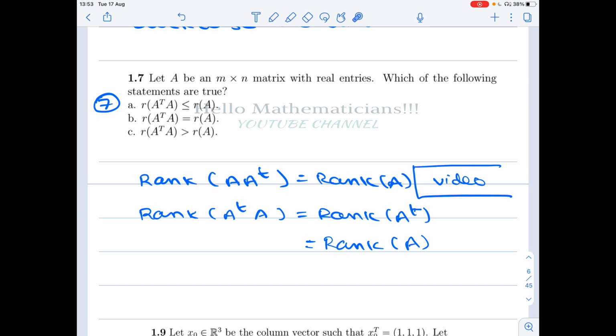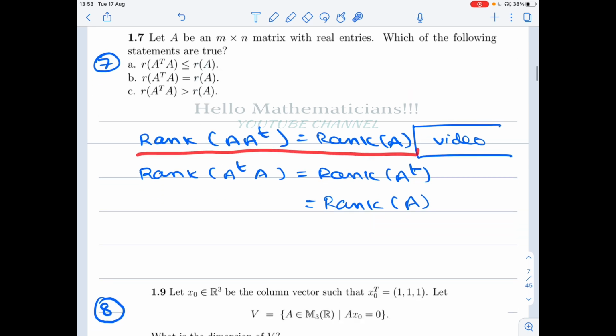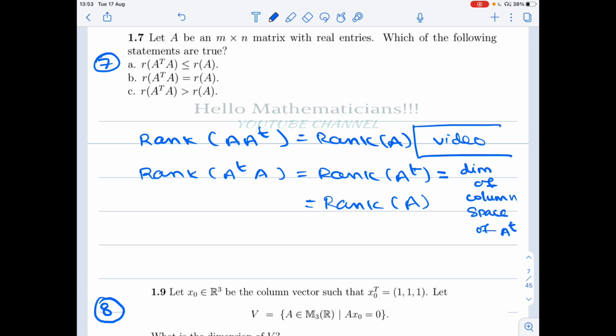Please check. Now, I have proved rank of A transpose equal to rank of A. If you replace the roles of A and A transpose, you get rank of A transpose A equal to rank of A transpose. Rank of A transpose is the dimension of the column space of A transpose, which is equal to the dimension of the row space of A. That is another definition of rank: rank of A equals dimension of column space equals dimension of row space.